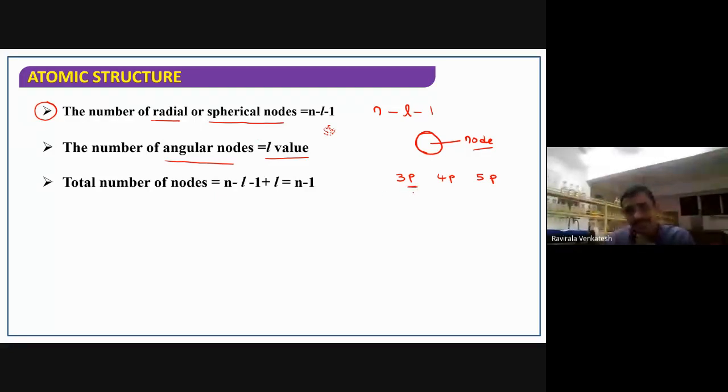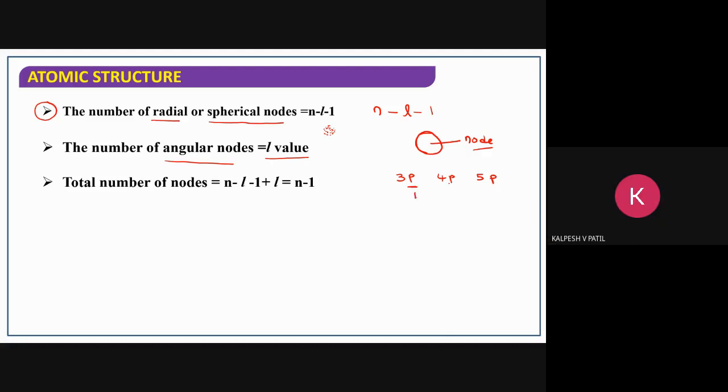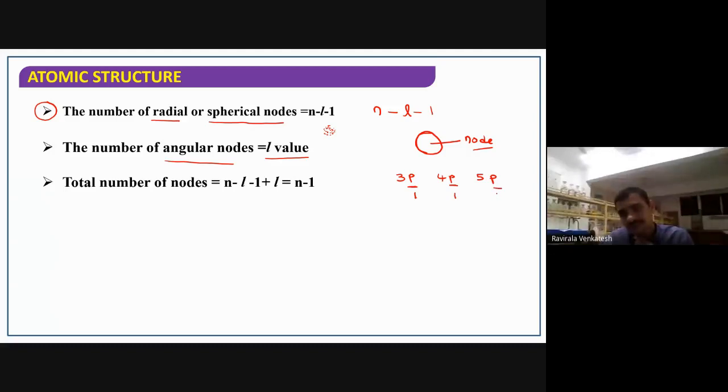It is 1. So 3p, 4p and 5p all have angular nodes equal to 1. Any p orbital, whether 3p, 4p, 5p or 6p, will have only 1 angular node. Angular nodes are always equal to the L value.